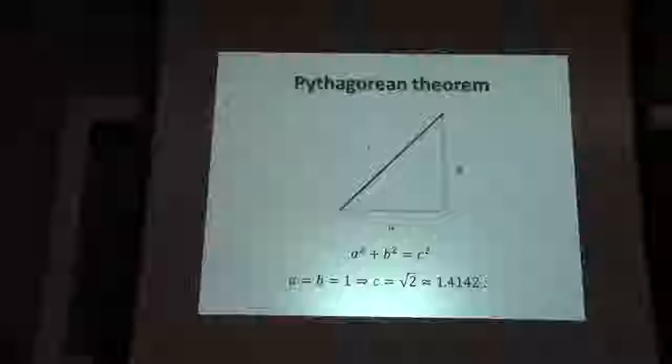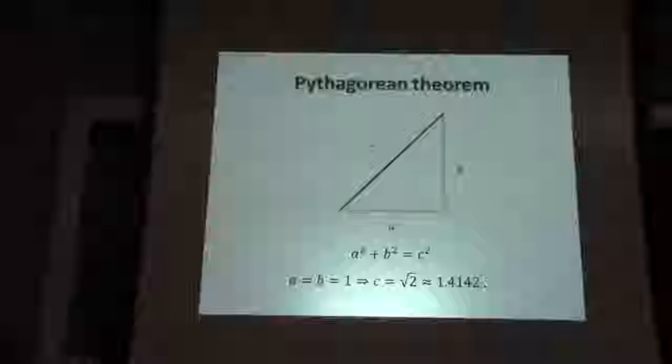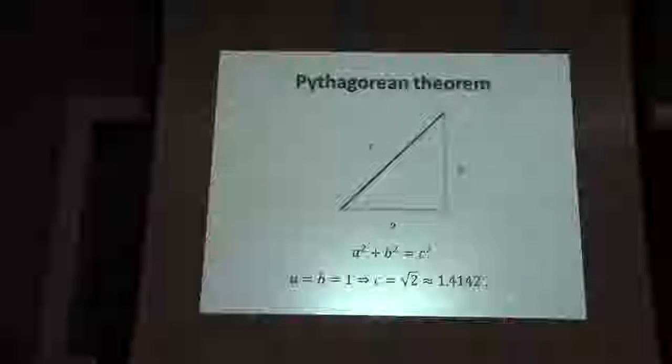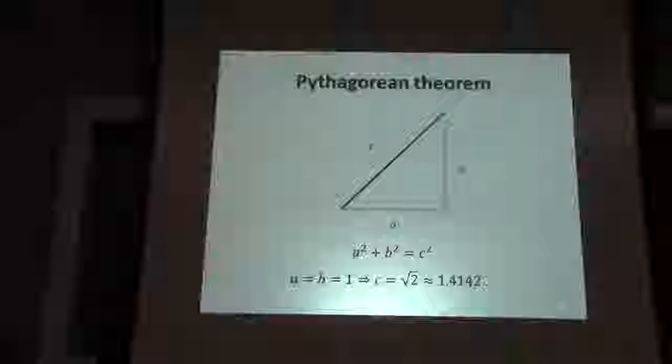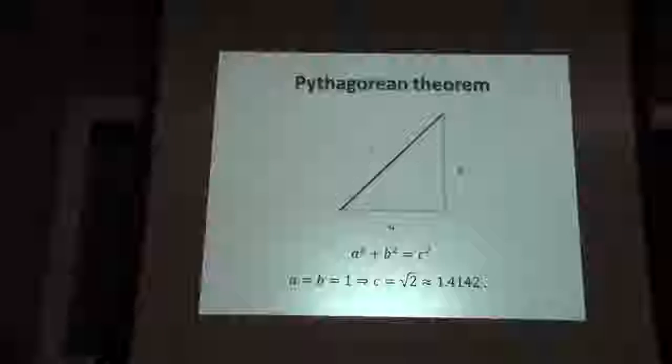As you can see from my sketch, A and B are equal. So this is an isosceles triangle, and they are going to be equal to 1 unit. So what is the theorem? A squared plus B squared equals C squared. If you draw a square here, and another square there, and yet another there, the area of the square of the hypotenuse is equal to the sum of the areas of the squares over the legs.